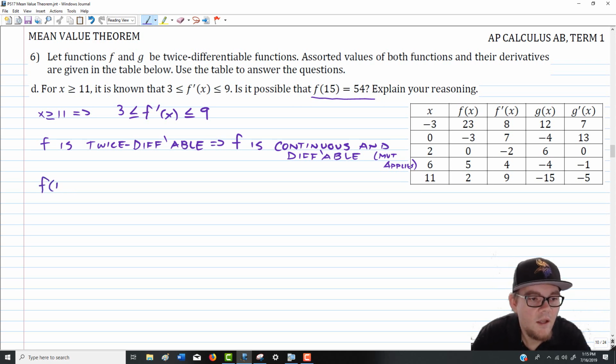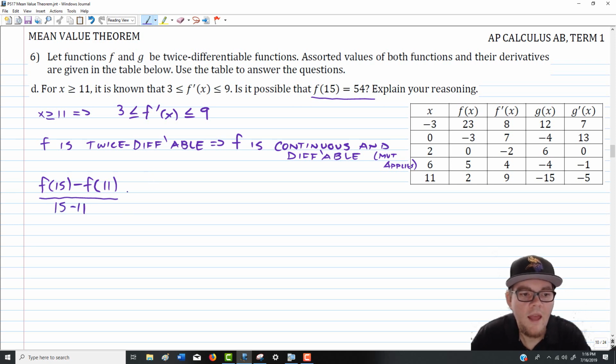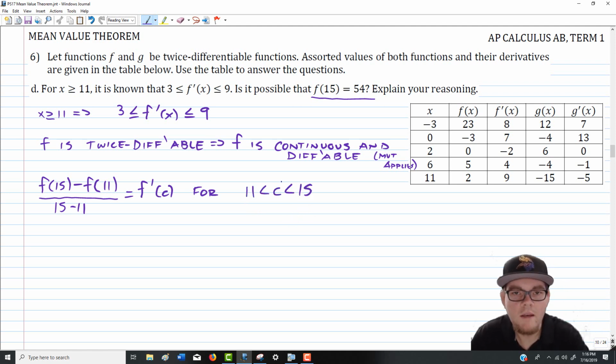So let's see. f of 15 minus f of 11, and we'll use 11 because we're talking about that interval, over 15 minus 11 has to be equal to f prime of c for some c between 11 and 15. That is by the mean value theorem.